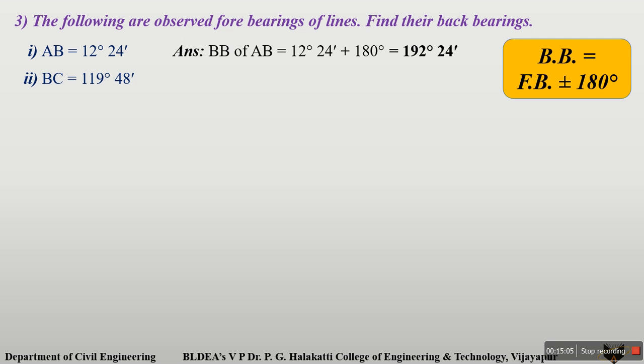Similarly, second line, that is BC, that is equal to 119 degree 48 minutes. So again same, the forebearing of BC is lesser than 180 degree, so you have to use the plus 180 degree. So back bearing of BC is equal to 119 degree 48 minutes plus 180 degree. Add them both, we will get the back bearing of BC is equal to 299 degree 48 minutes.